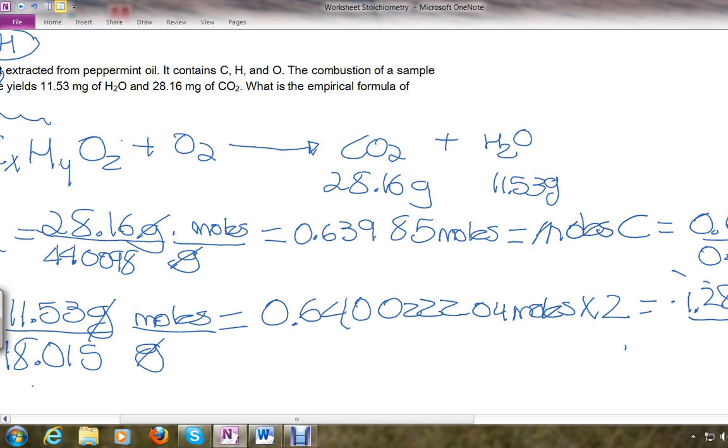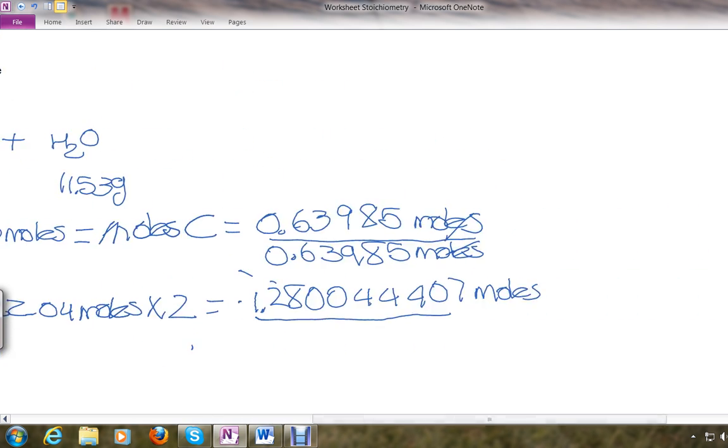But the problem here is that when you go with the oxygen, you also have oxygen gas here, from the combustion. So we go here and it's O2, oxygen gas, and we divide by 0.63985 moles.